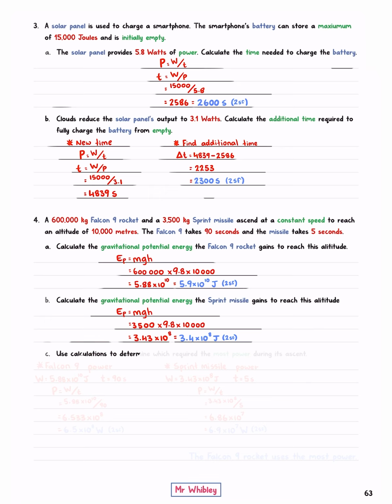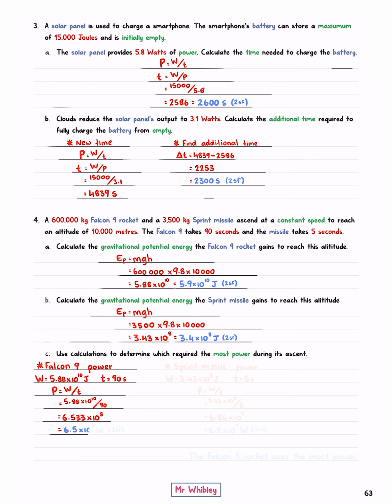Use calculations to determine which required the most power during its ascent. To find the Falcon 9 power, we recognize that the work is the gravitational potential energy that it gained, which it did in 90 seconds. Power is work over time. Putting these numbers in gives me 6.533 times 10 to the 8 or 6.5 times 10 to the 8 watts to two significant figures.